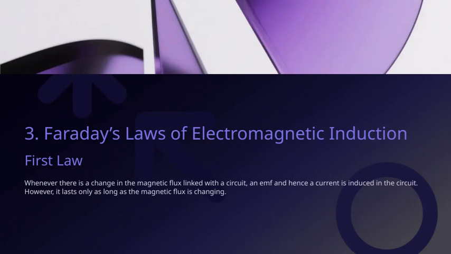Whenever there is a change in the magnetic flux linked with a circuit, an electromotive force, or EMF, is induced. This EMF causes a current to flow in the circuit, but it's important to remember that this induced current only lasts as long as the magnetic flux is changing. Once the flux becomes steady again, the current stops. This idea is fundamental to Faraday's laws of electromagnetic induction, which we'll explore further.